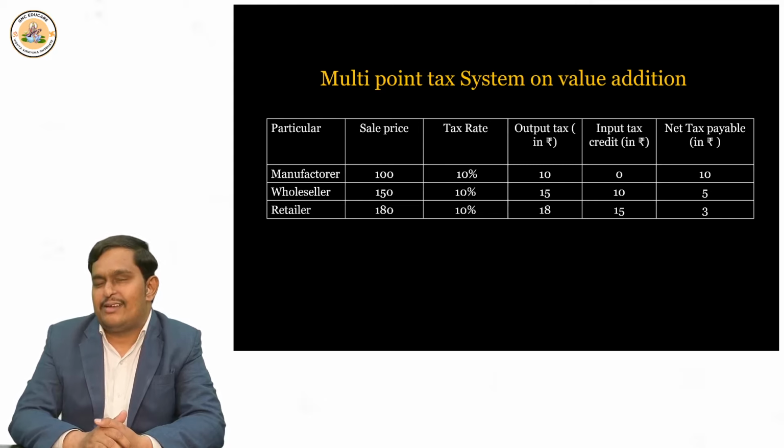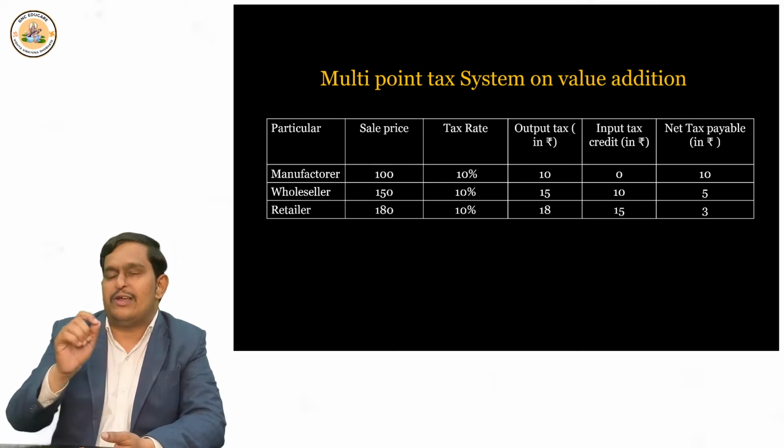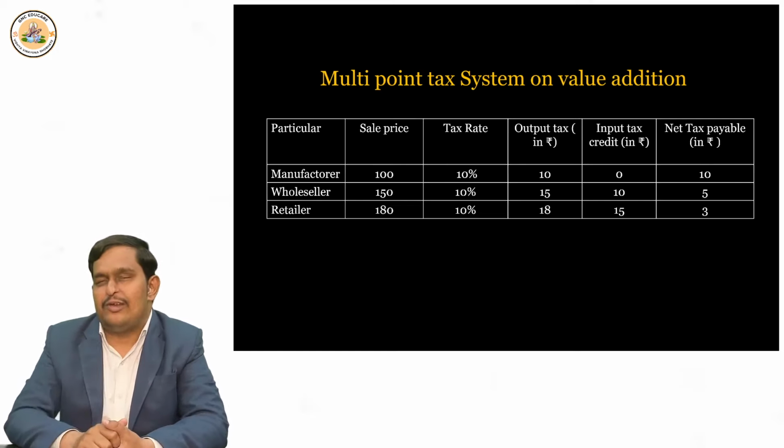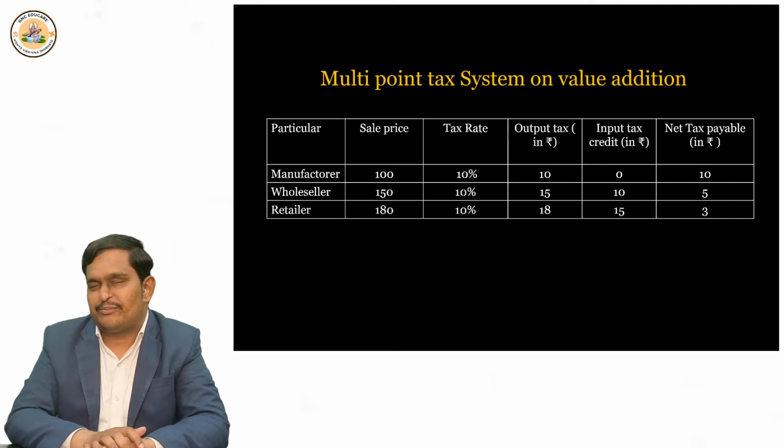See the numbers. Manufacturer paid 10 rupees tax. Wholesaler paid 5 rupees tax. Retailer paid 3 rupees tax. Now when you do the total, 18 rupees. So government got complete tax. Customer also doesn't have any problem.